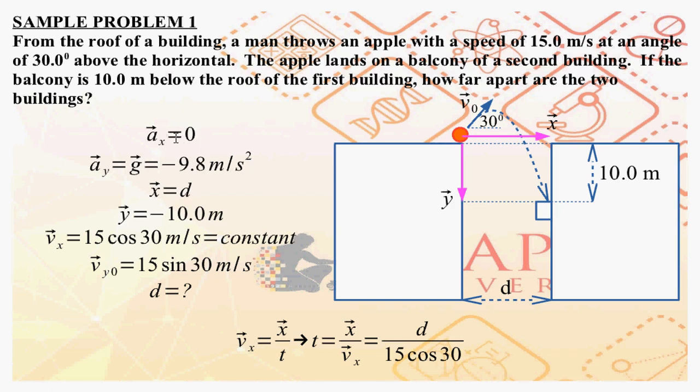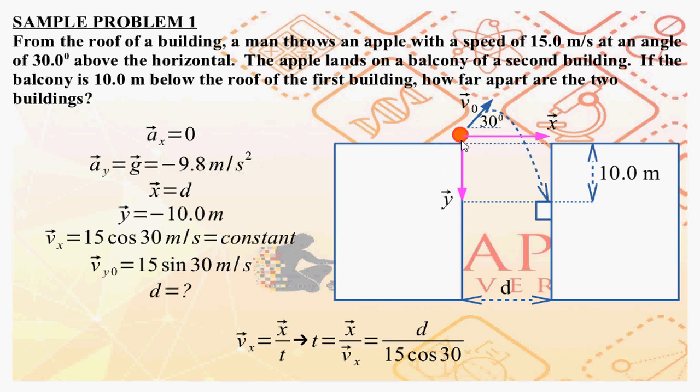Whereas the motion of the object along the y component is freefall motion. So ay is just equal to acceleration due to gravity, negative 9.8 meters per second squared.